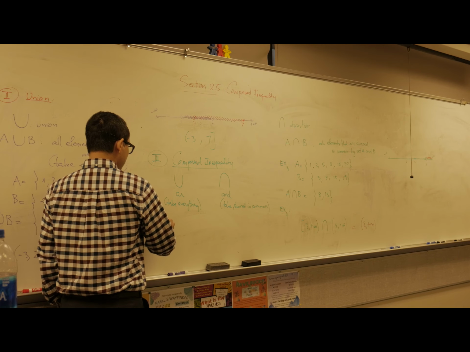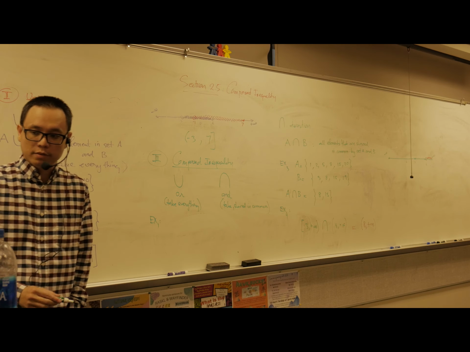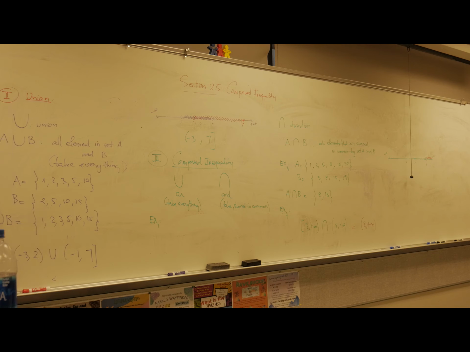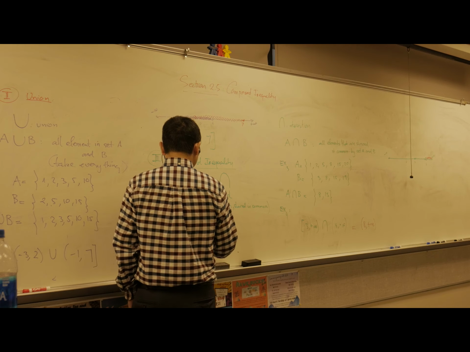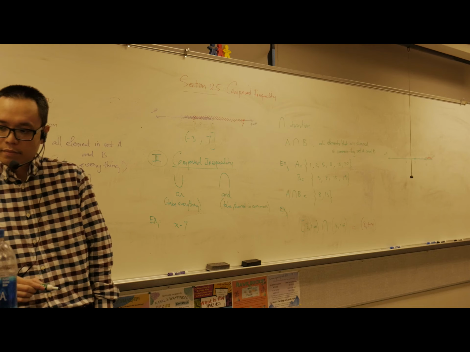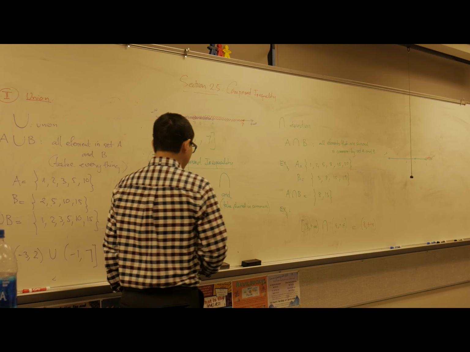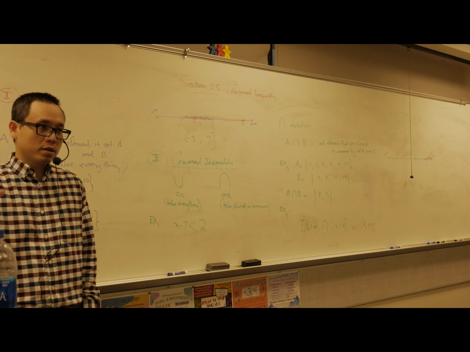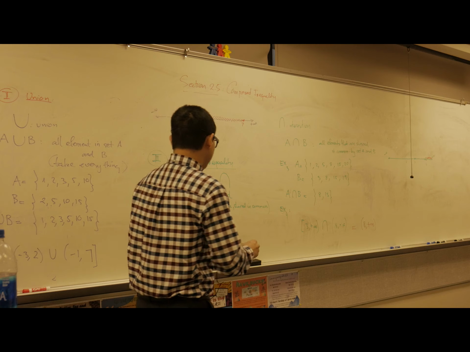Example. I'm going to create a compound inequality for you. The first inequality, x minus 7 less than 2. Now I'm going to combine it with another inequality using and.